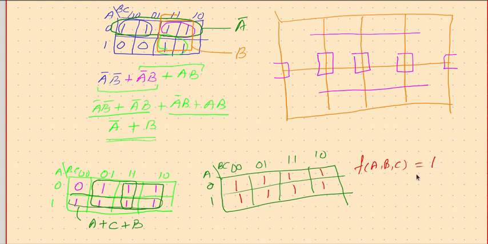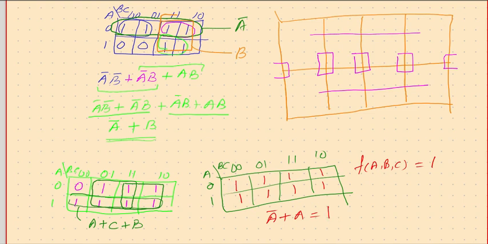So how should I get this from here? As we did, you can try using 2 quads. Let me use 2 rows as 2 quads. The first row talks about A bar, the second row talks about A, and both together make 1. If I use this quad, it says A bar. If I use this quad, it says A. So the 2 together will make it 1.